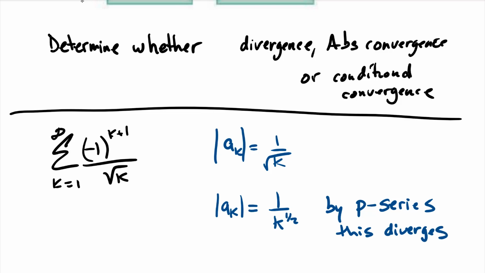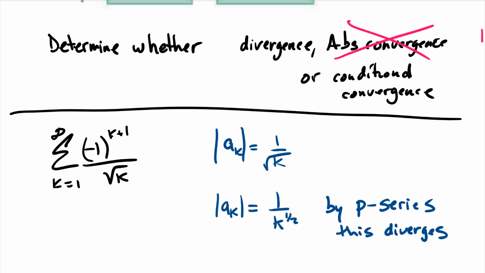So does that mean that this diverges? No. All we've done here is we've just done this. Oh. Well, it sure isn't absolute convergence. Now we need to figure out, is this conditional? Or does it just actually diverge? Because all we did was show the absolute value of it would not converge.